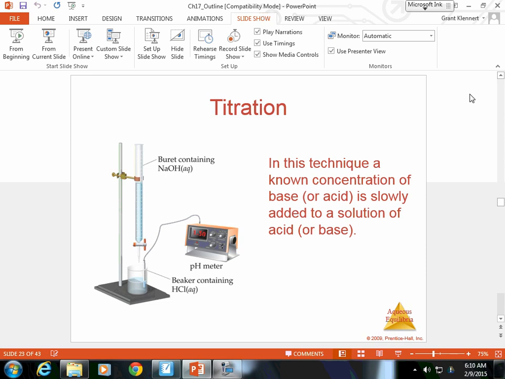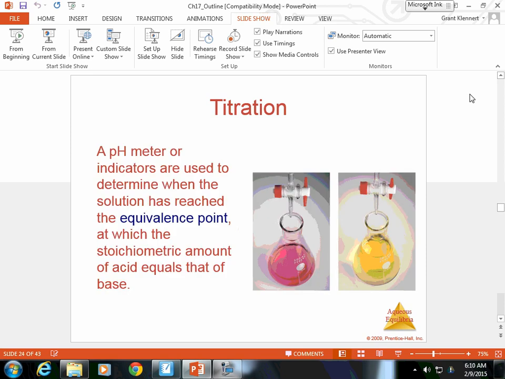So remember, titration, we're taking a known concentration of an acid or base and slowly adding it to a solution of acid or base to figure out the concentration of our unknown. When we use titration, you're going to use a pH meter or an indicator to show you the equivalence point, at which the stoichiometric amount of acid and base equals one another.